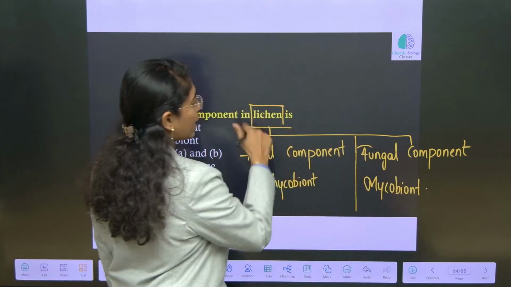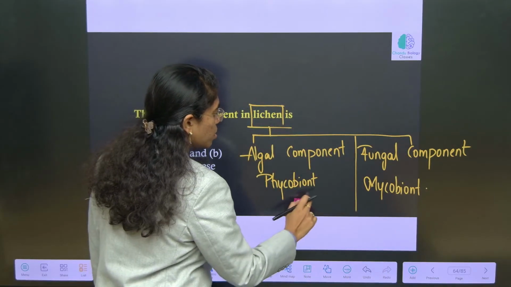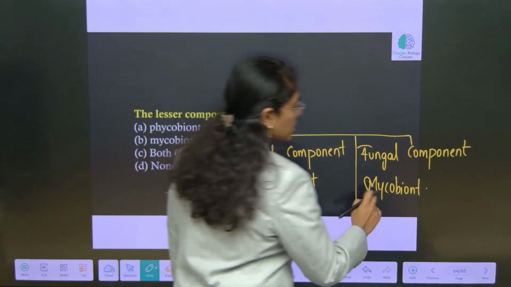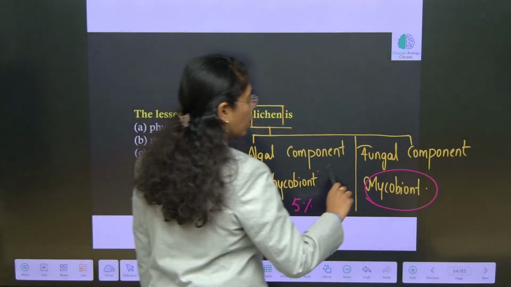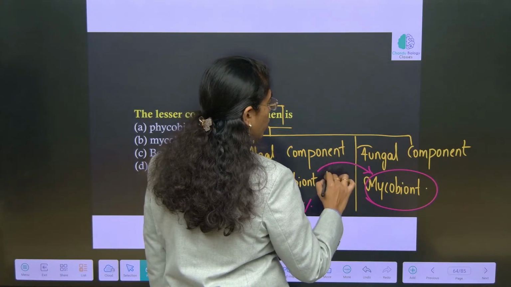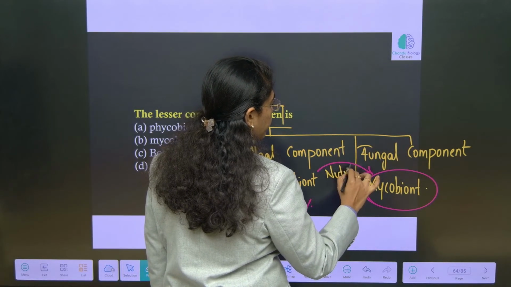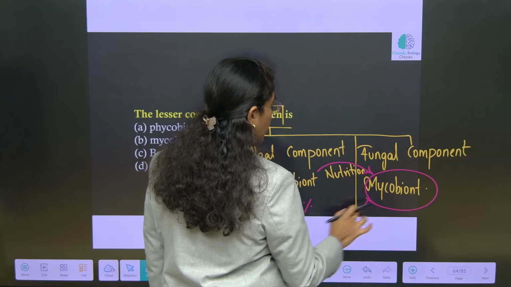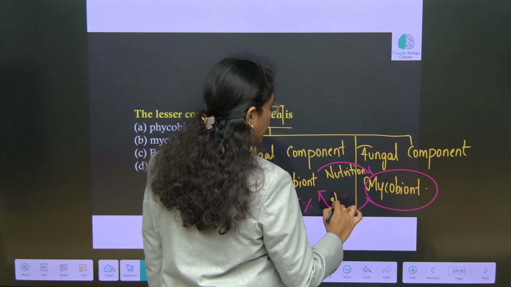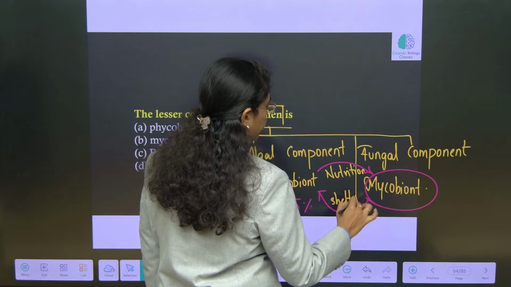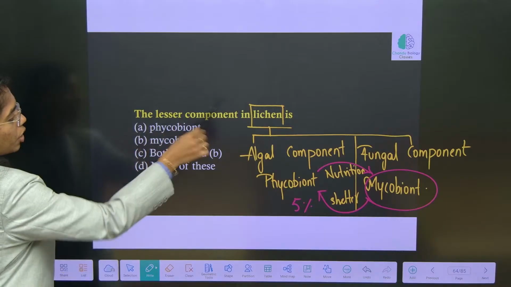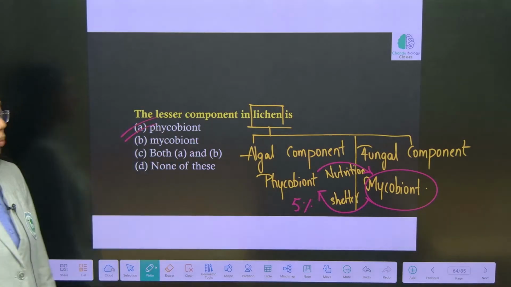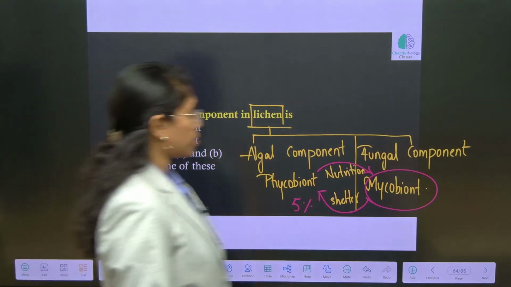In complete lichen composition, only 5% is algae, and the rest is mycobiont, where the algal component provides nutrition to the fungi, whereas the fungal component provides shelter to algae. Fine. So, here both A and B, the lesser component in lichen is phycobiont. Fine. Next.